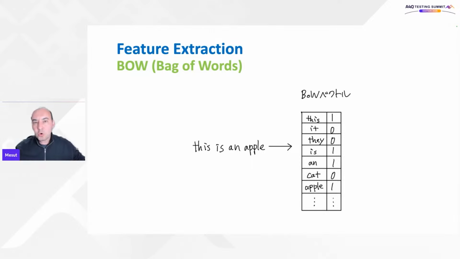And over the whole vocabulary, I mark this one and some other words in the dictionary happen 0 times, and is, an, apple words again 1 time. So I already have a numeric vector, right? Consisting of zeros and ones. So I already have the features so that I can provide this to my model.